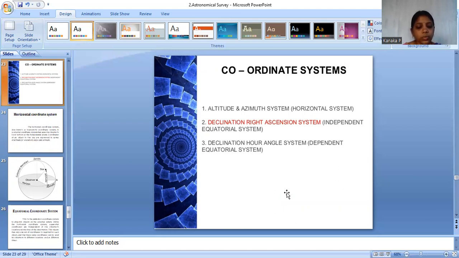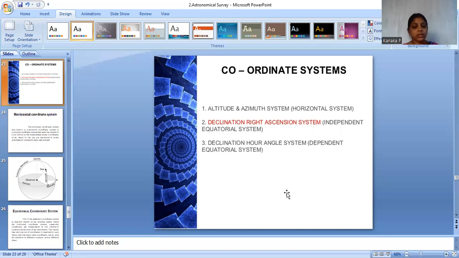It means at the north and south poles it is 90 degrees north and 90 degrees south latitude respectively, and all other points lie between these. And the co-latitude means the angular distance from the zenith to the pole. It is equal to 90 degrees minus latitude.